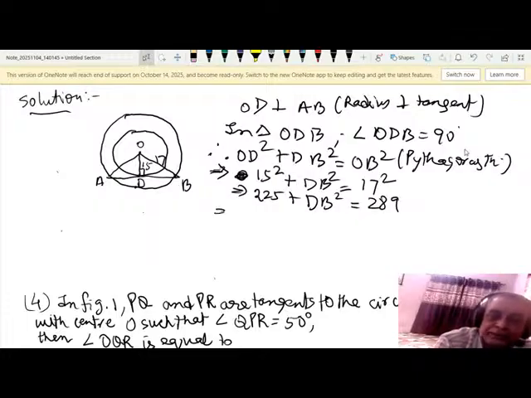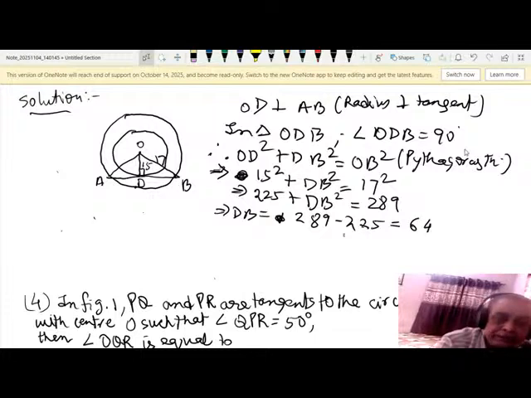So DB squared equals 289 minus 225, which comes to 64. So DB is the square root of 64, which is 8 centimeters.